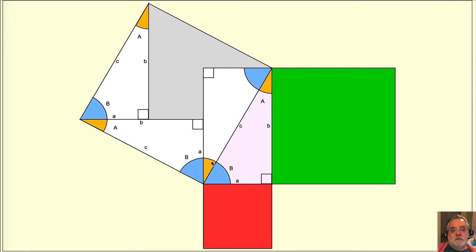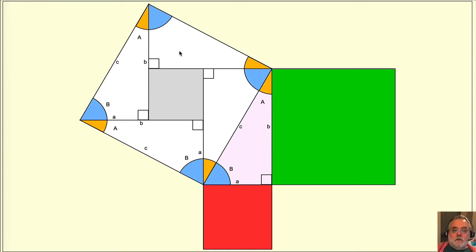And let's do a next step here. Here's angle B. Would a fourth clone of the triangle fit adjacent to the third cloned triangle and the side of the square and the first cloned triangle?